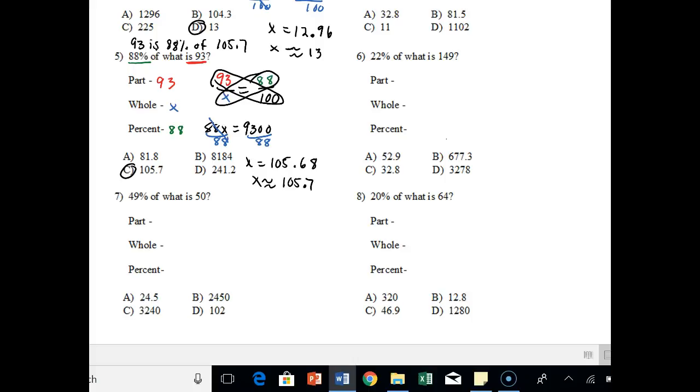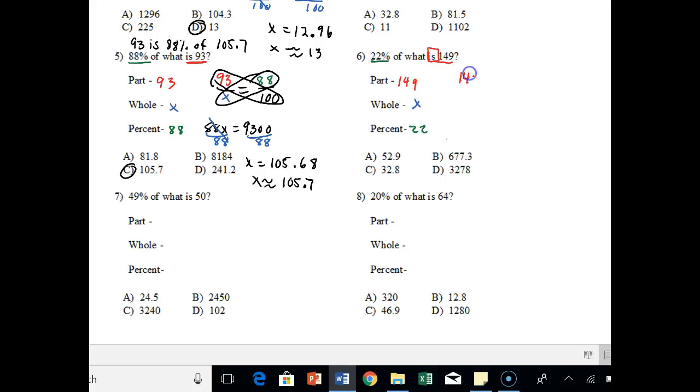shooting percentage. Let's look at number 6. So 22%, they give us a percent of what, we don't know what it is, 149. Again, that key word "is" is attached to 149, so that's our part. So we need to find what the whole is.